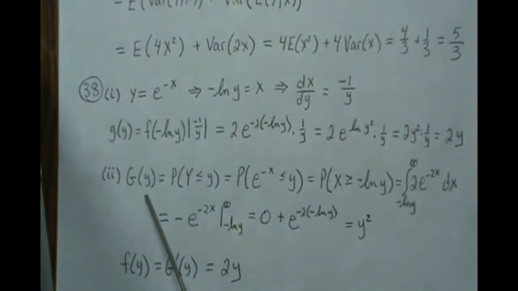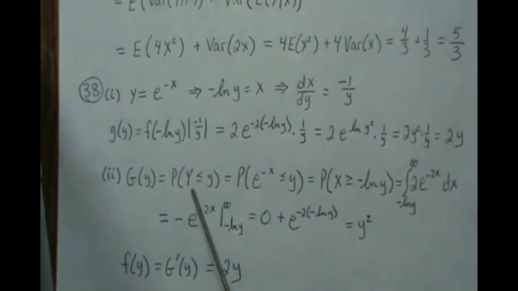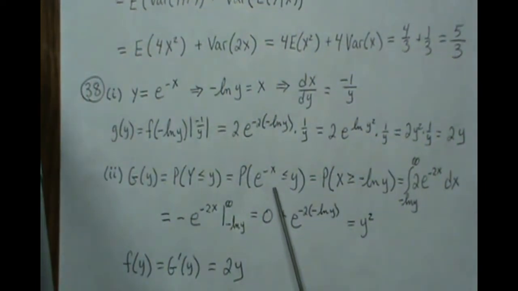So the second approach is using a CDF, or the cumulative distribution approach. So G of y, which is the probability that Y is less than or equal to y, and substituting in Y here, you get this, and then solving for x, you get the probability that X is greater than or equal to minus log y.